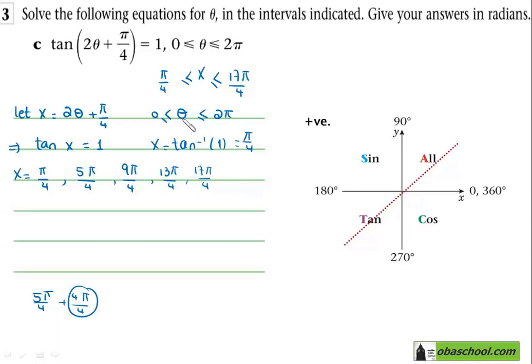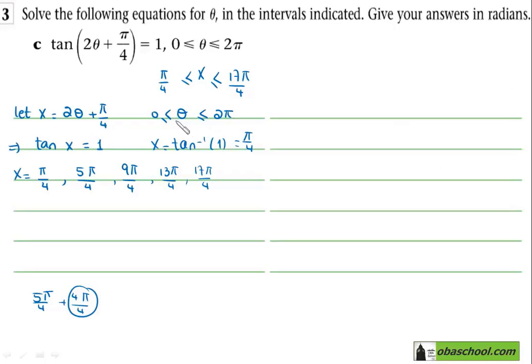Now we need to find the values of theta. Now we go back to the initial form of the equation. x is 2θ + π/4, so 2θ is x minus π/4. θ is (x − π/4) all divided by 2.